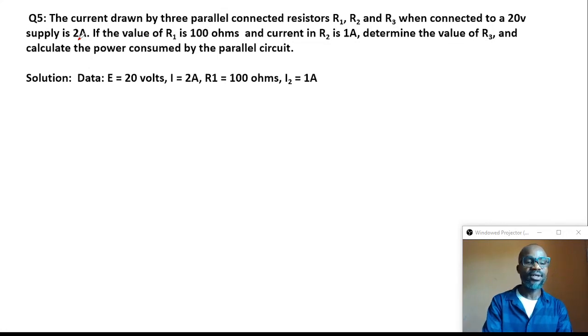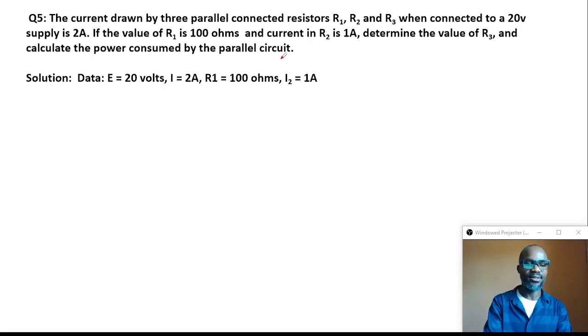The question here is: the current drawn by three parallel connected resistors, R1, R2, and R3, when connected to a 20 volt supply is 2 amps. If the value of R1 is 100 ohms and current in R2 is 1 amp, determine the value of R3 and calculate the power consumed by the parallel circuits.